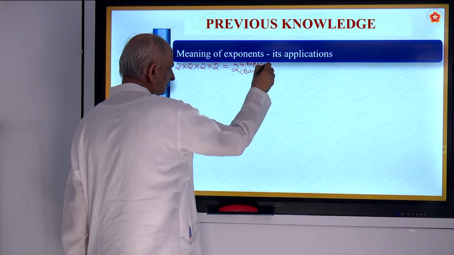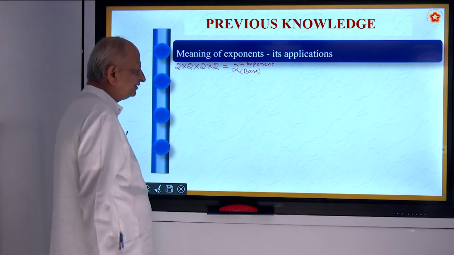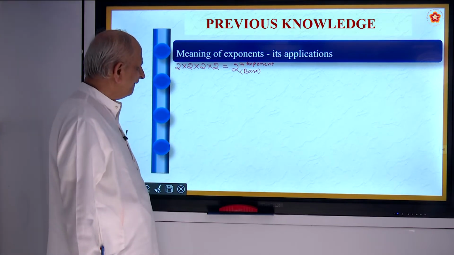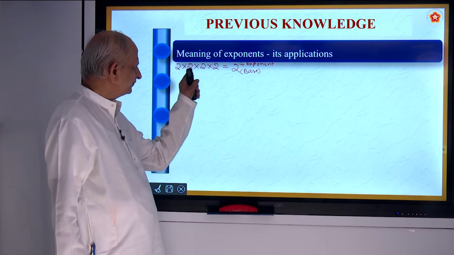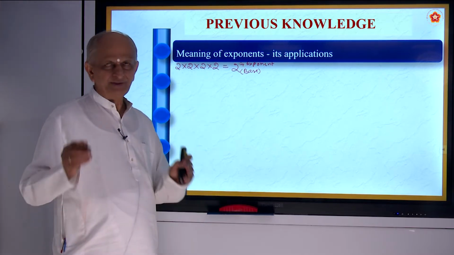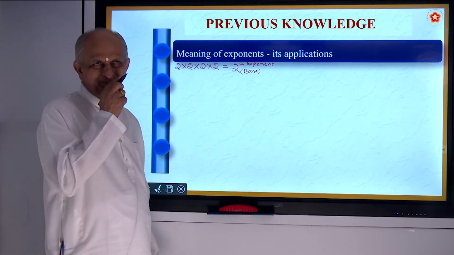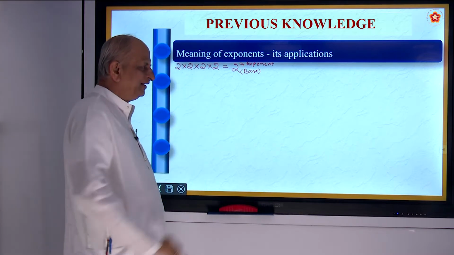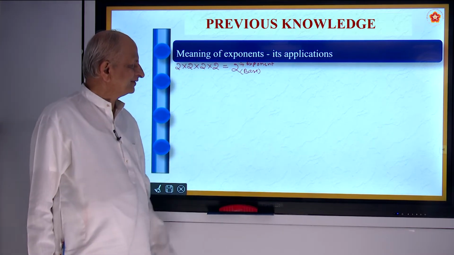Exponent means the power to which the given number is raised. And what is the advantage? It can simplify the terms. Instead of writing it out like that, we can shortly write like this.